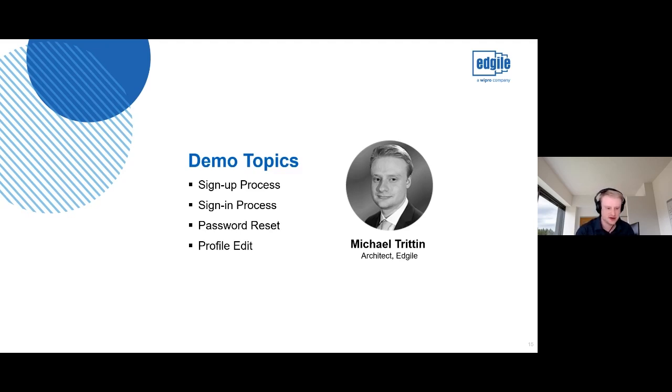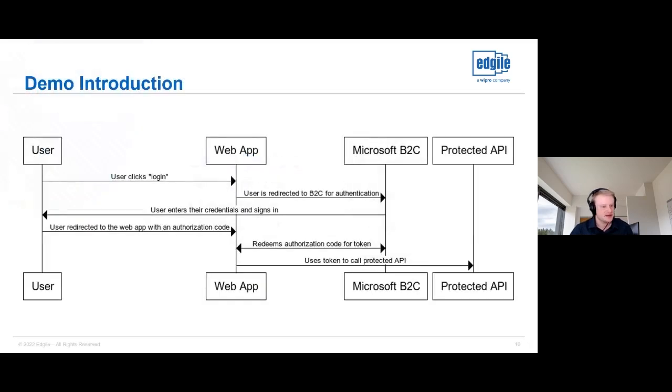So before we jump into the demo, let me go to the next slide. The thing that I want to talk about real quickly is the overall flow of how a user and the browser interact with B2C, because it's important to understand when you're actually going to implement this.